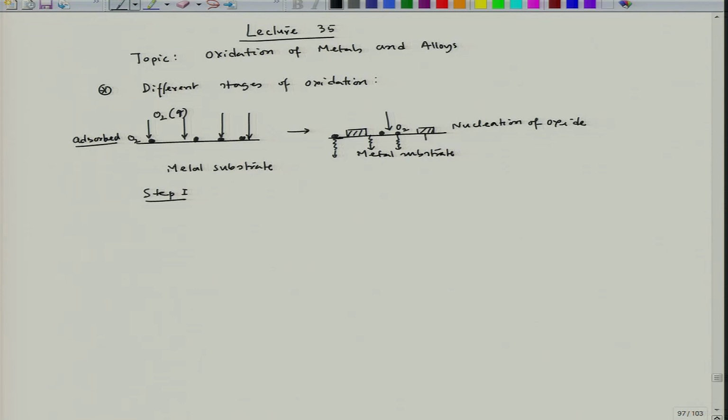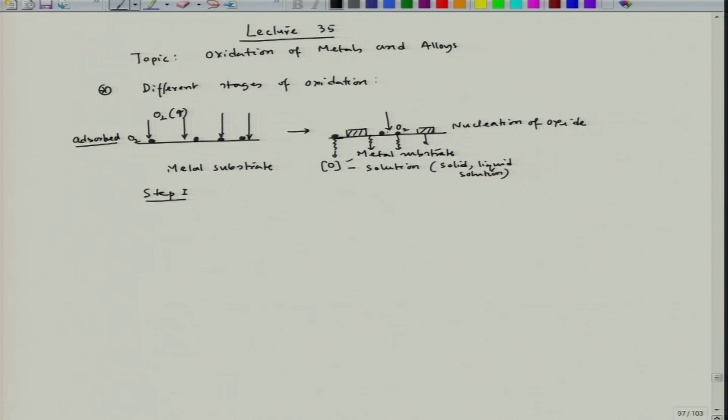oxygen in the metal. So, this is dissolution of oxygen, and that forms a solution. It could be either solid solution or liquid solution, depending on the state of that particular metal. If it is a solid state, then of course solid solution happens. If it is a liquid state, liquid solution happens. But at least we could see that the oxygen can diffuse in, go into the lattice and form solution.